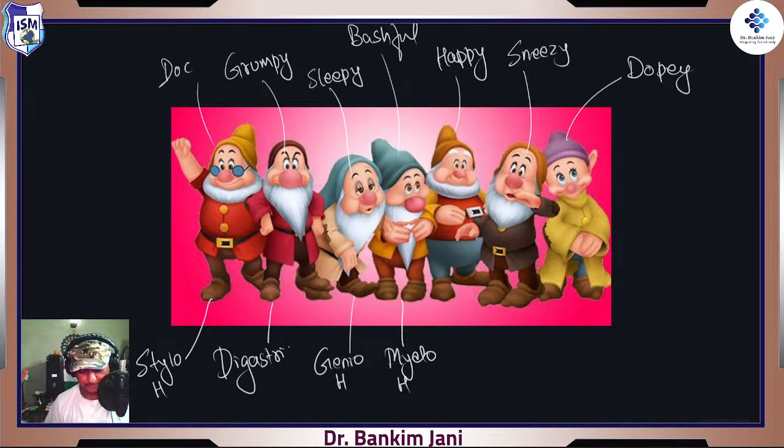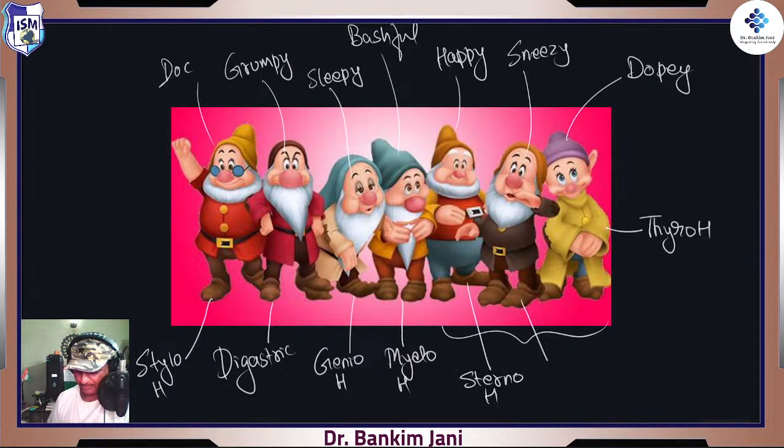Regarding these 3, they are working in joint operation. This one is thyrohyoid, and one who is medial, this is sternohyoid, and this one would be omohyoid. Done. All 7 muscles. Yeah, Snow White and the 7 Dwarfs. That's right.